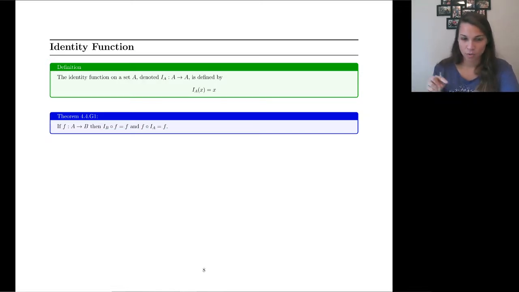Since f is going from A to B, that means you have to use different identity functions.